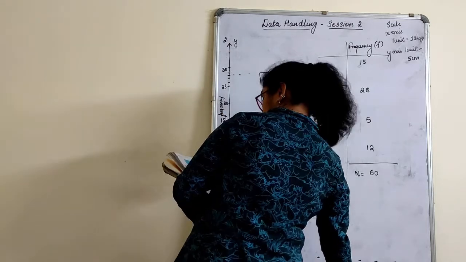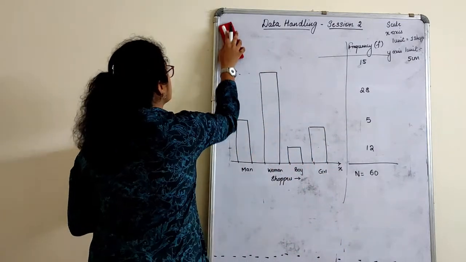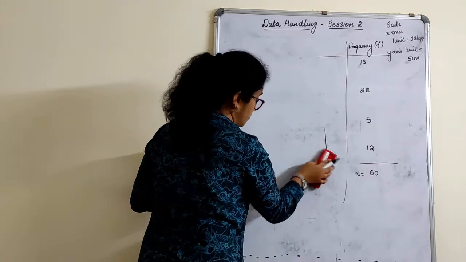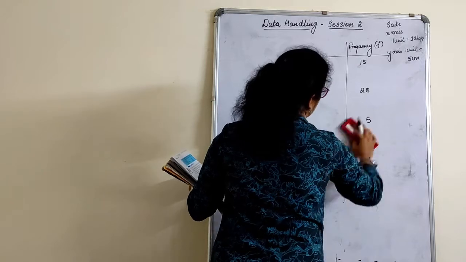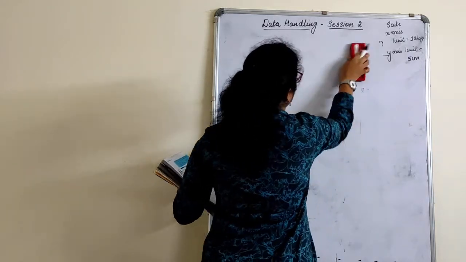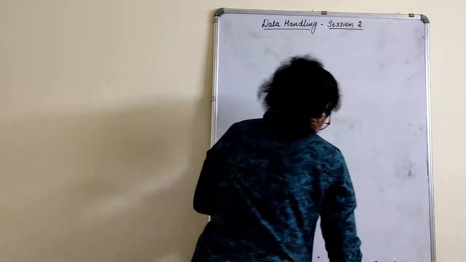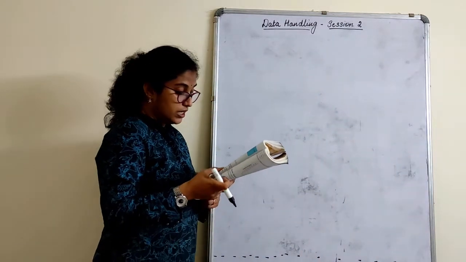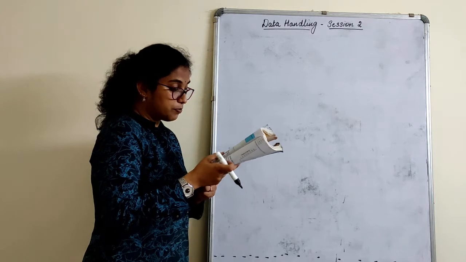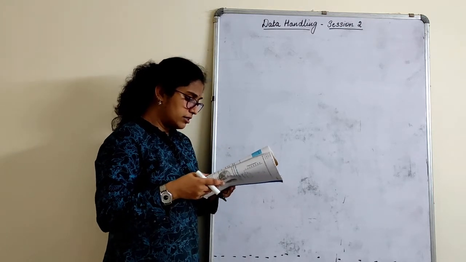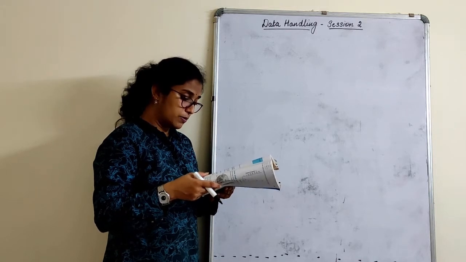That is the third one. The weekly wages in rupees of 30 workers in a factory are given. Right? From 830, 35, 890, it goes on.